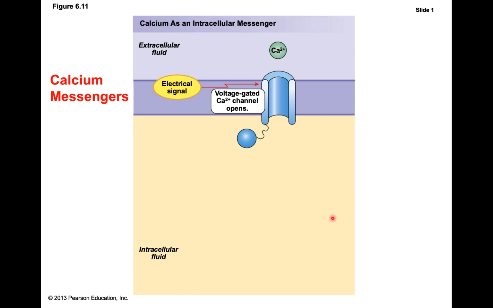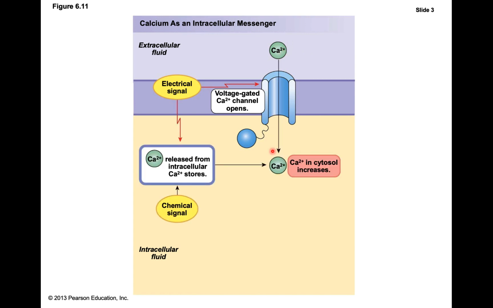So what do you think is going to happen when you open up a voltage-gated calcium channel? Will calcium want to enter the cell, or will calcium from in the cell want to leave the cell? Well, if you said calcium is going to enter the cell, you would be correct.